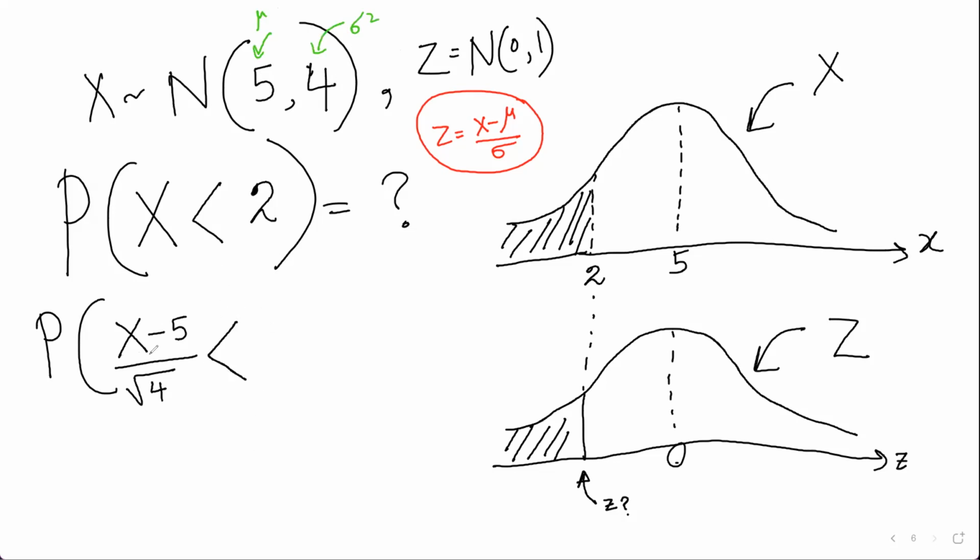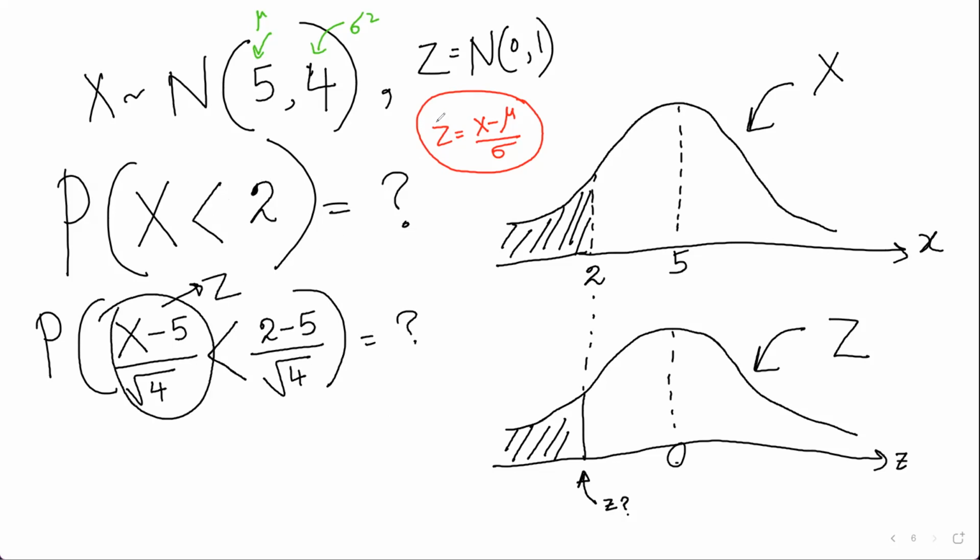So if you do this thing to this part of the inequality, you have to do the same thing to the other part, right? Do the same thing to both sides of the inequality. 2 minus 5 divided by root 4. What can we write instead of this?